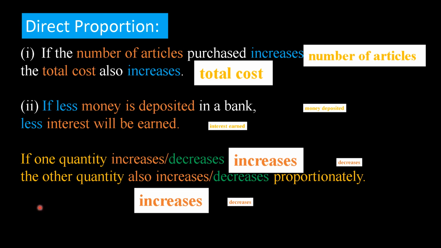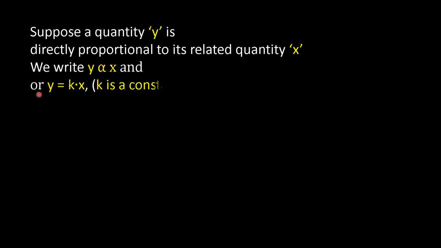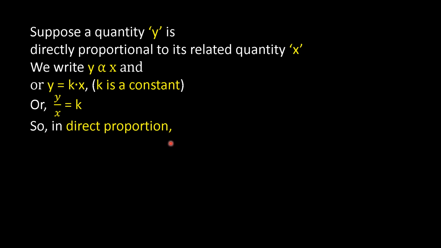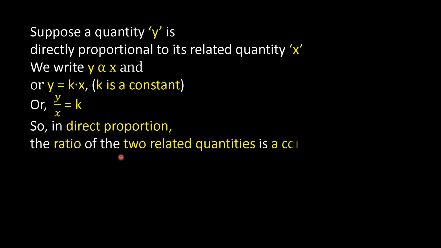When the two quantities change in this manner, it is known as direct proportion. Suppose a quantity y is directly proportional to its related quantity x. We write y alpha x and y equals kx, where k is a constant. Or we write y divided by x equals k. So, in direct proportion, the ratio of the two related quantities is a constant.